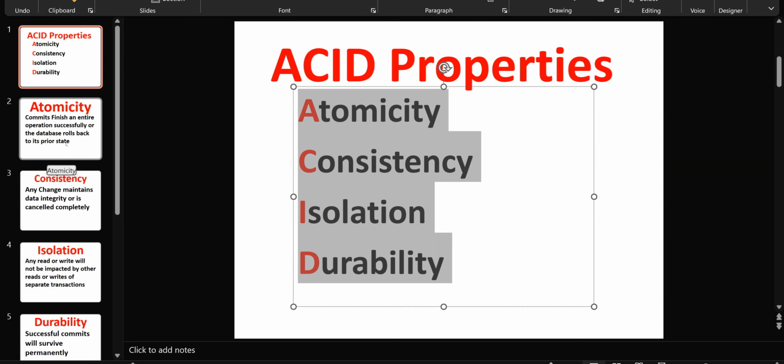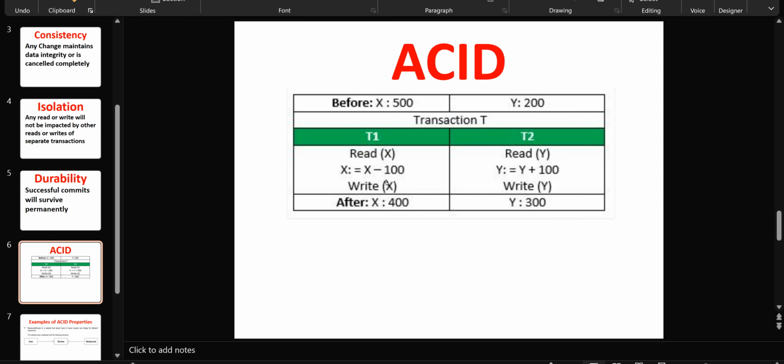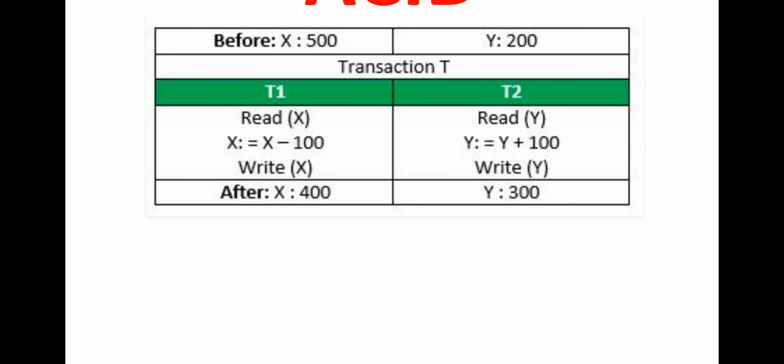So in one transaction we have many operations, as you can see here. As far as a transaction of transferring money from one account to another account is concerned, it consists of these operations.